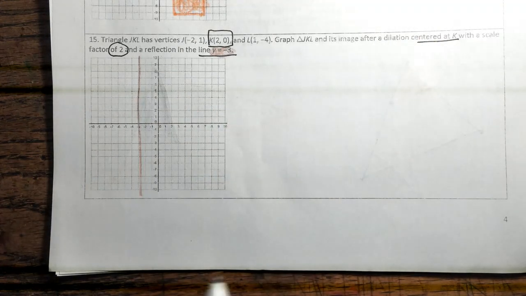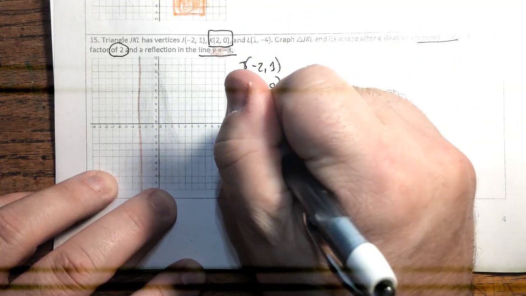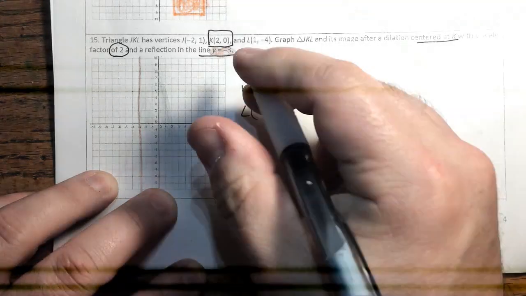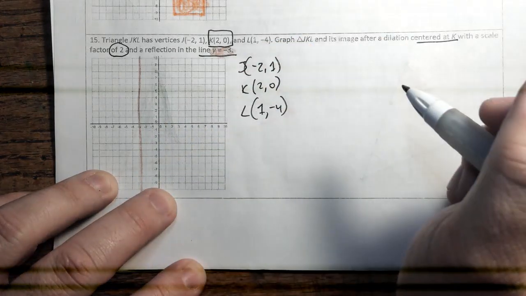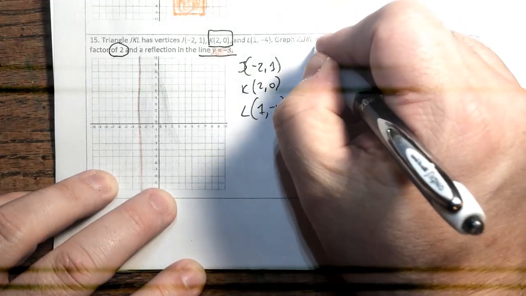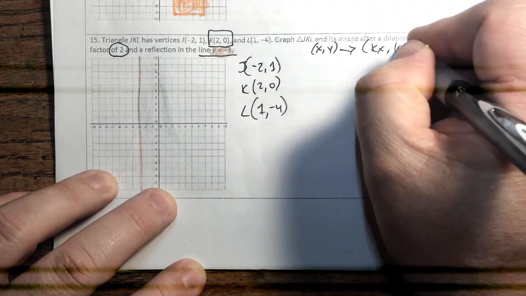So we have J, negative 2, 1. K isn't going to change. And then L, well, it won't change till we reflect, 1, negative 4. All right, so dilation, that's x comma y going to be kx, ky.